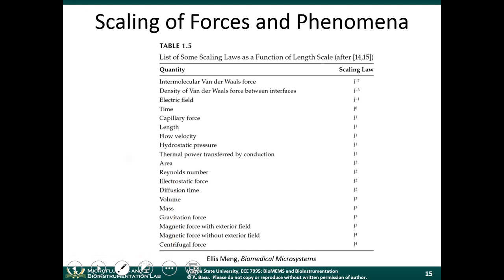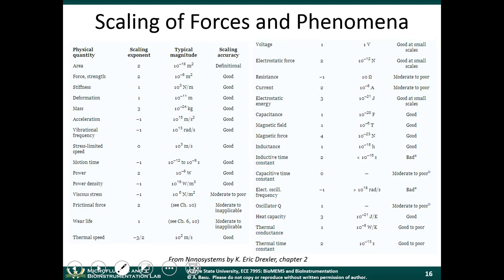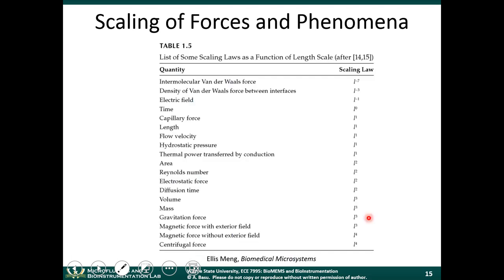Notice that this chart is saying that gravitational force scales as length cubed. In our previous analysis, we saw that the gravitational force between two bodies actually scales as L to the 4th. So you do have to state your assumptions here. But the point that we're trying to make in this slide is that gravitational force has a large exponent, so it becomes more significant at the macro scale.